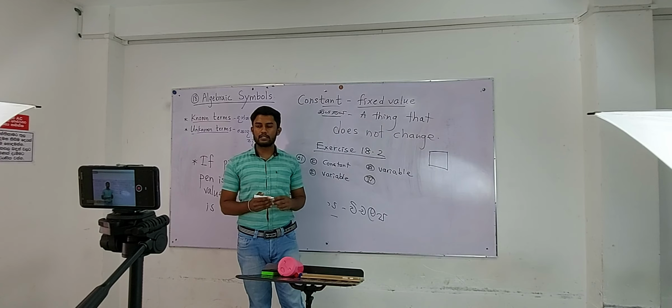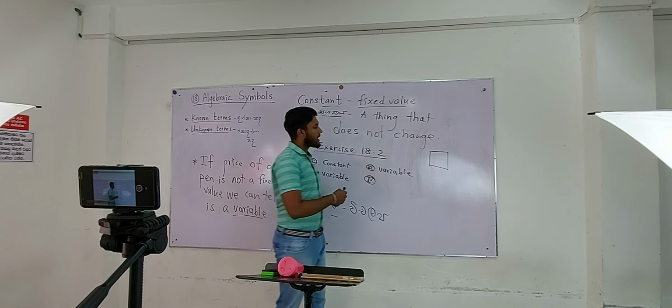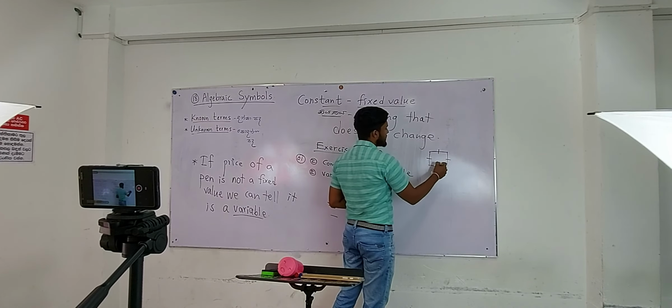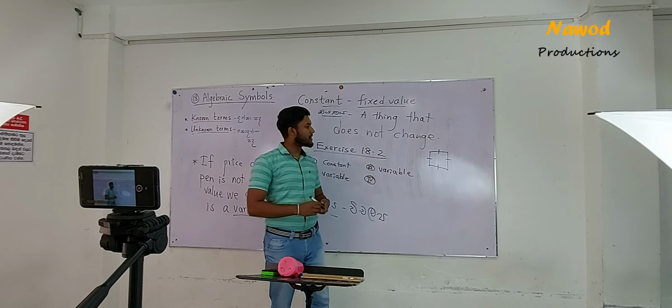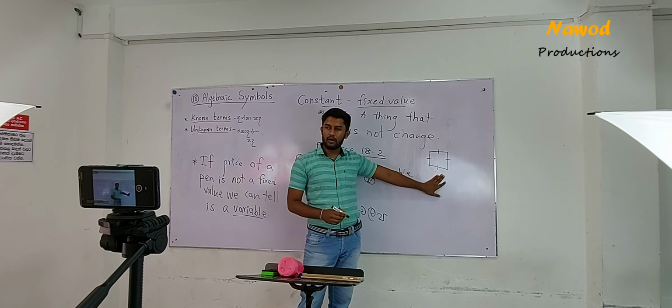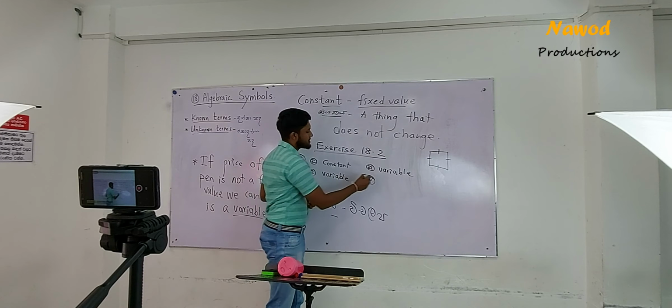That means consisting of 4 sides. If we have 4 sides and the 4 sides are equal, this must be a square. Then the number of sides, do we know, is it a constant or a variable? It's a constant. Yes, constant.